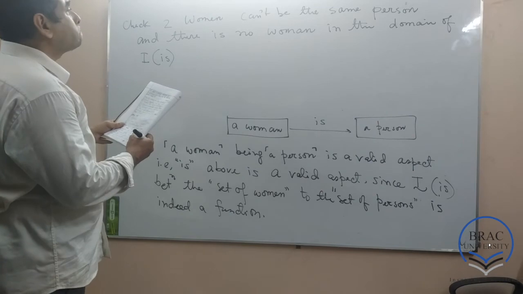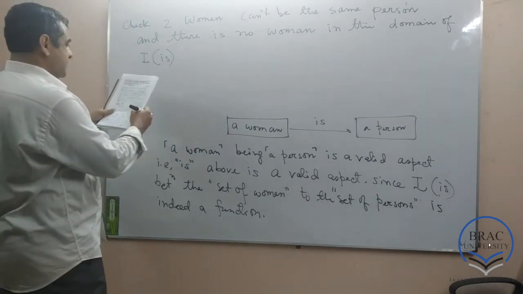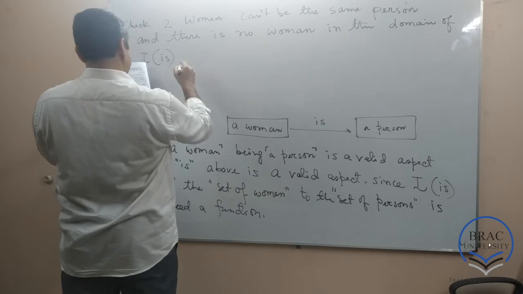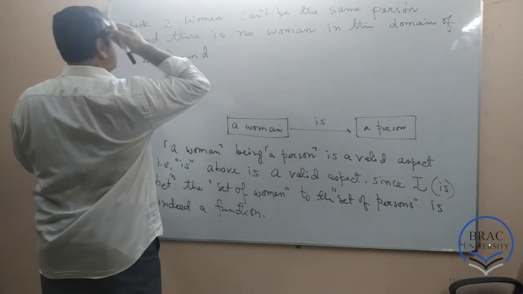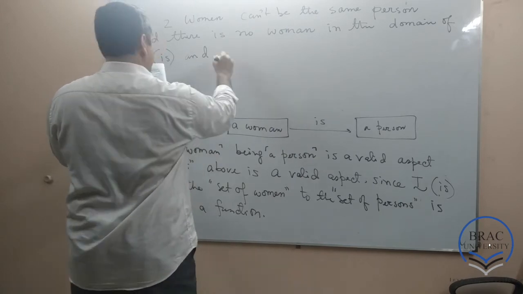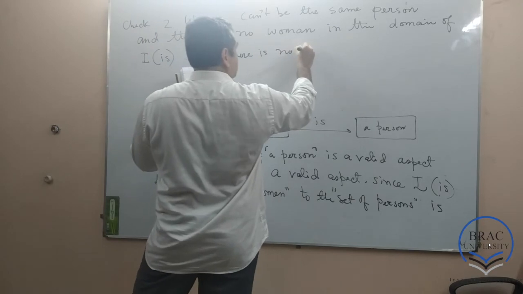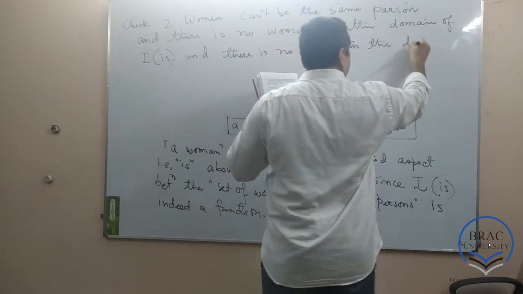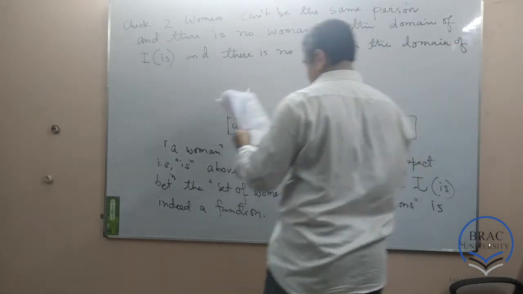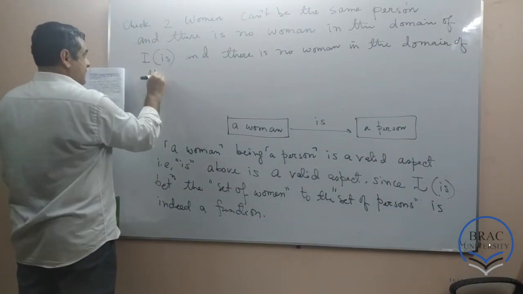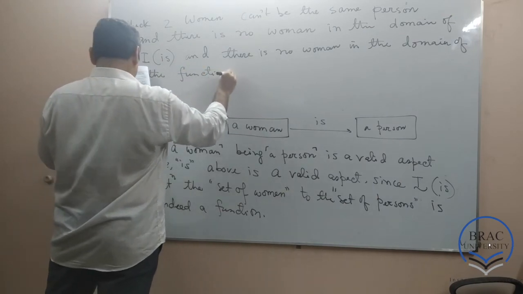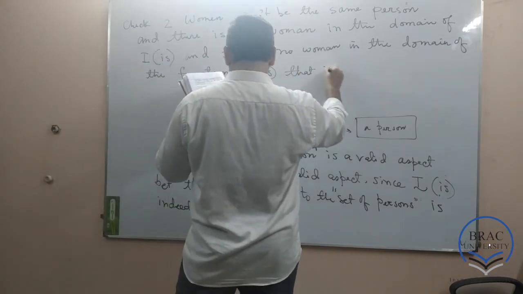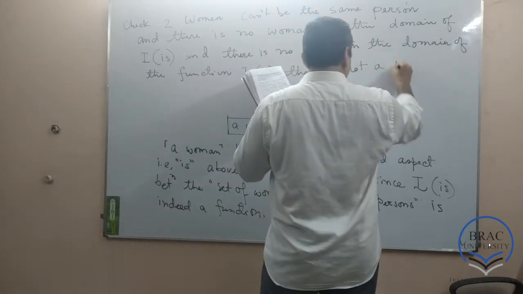In other words, there is no woman in the domain of the map I that is not a person.